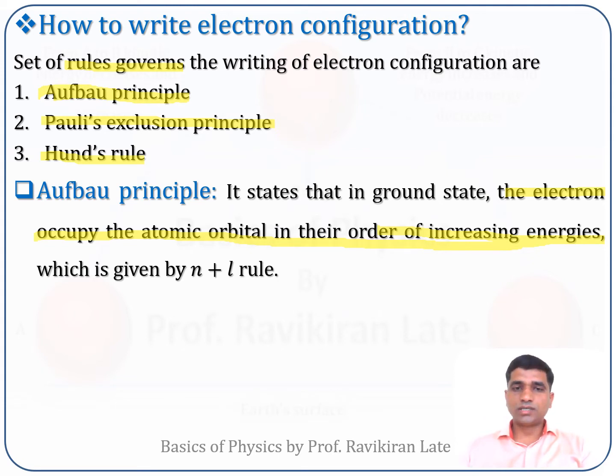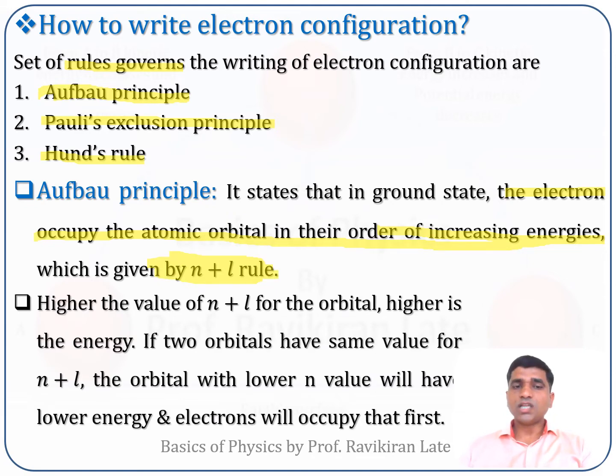Now how will the energy of these orbitals be decided? It will be decided by the n plus L rule. Now what is this n plus L rule? The higher the value of n plus L, the higher will be the energy of that orbital. We had seen that the higher the value of n, the higher the energy of the orbit.